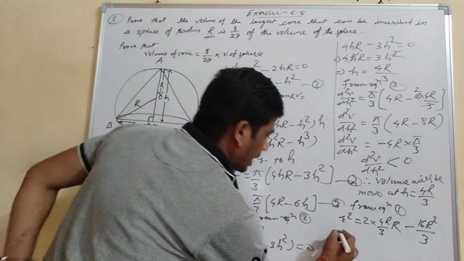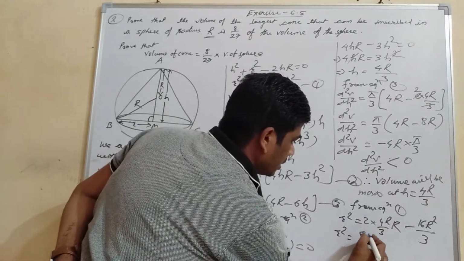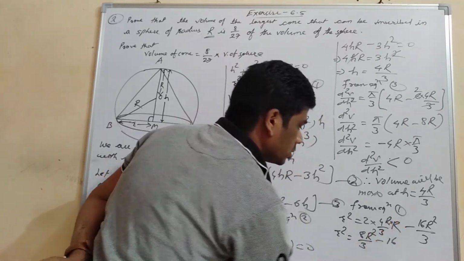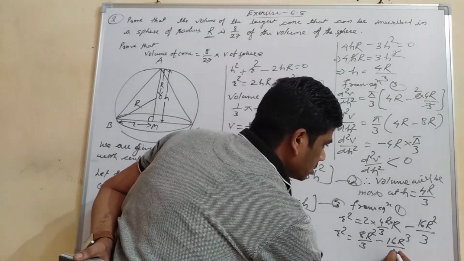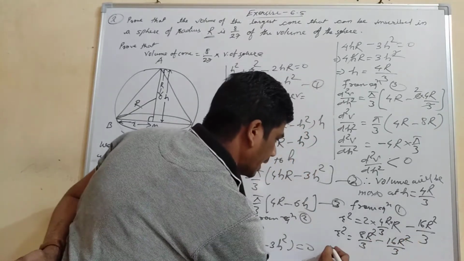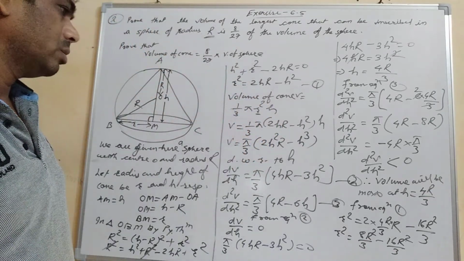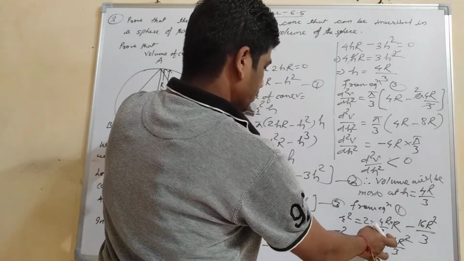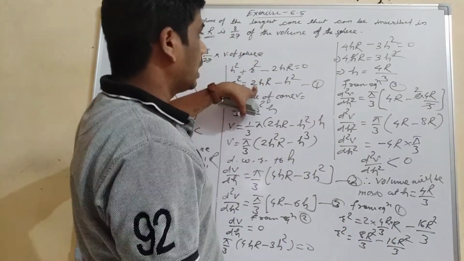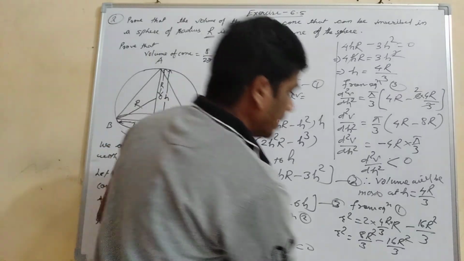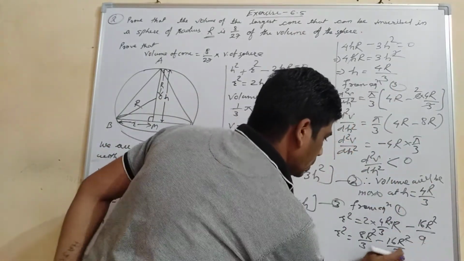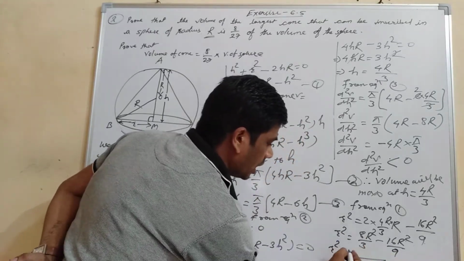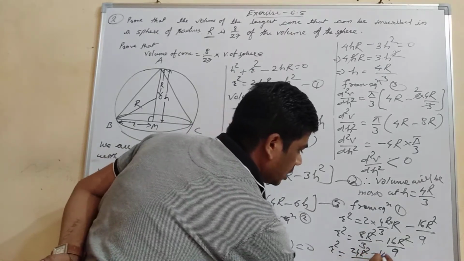Okay, so you will get r square equal to 2 into 4R square upon 3 minus 16R square upon 9. 2 fours are 8, and 3 threes are 9, so LCM will be 9. 3 eights are 24 R square minus 16 R square.